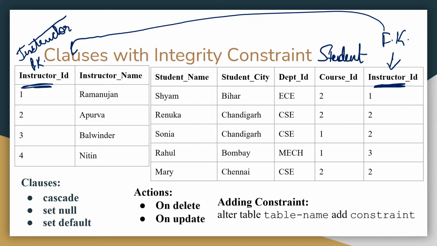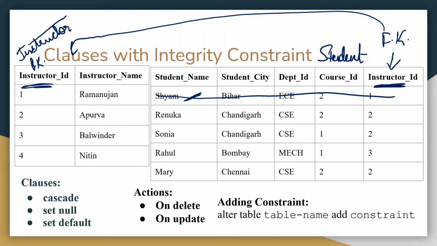Let's say if I perform a delete operation in the student table, let's say I delete the first tuple, which is Sham, Bihar, ECE, course ID 2, instructor ID 1. So I delete this one. Will it make any change to the instructor table also? Will I require to make any change in the instructor table to make sure that the database is in a consistent state?